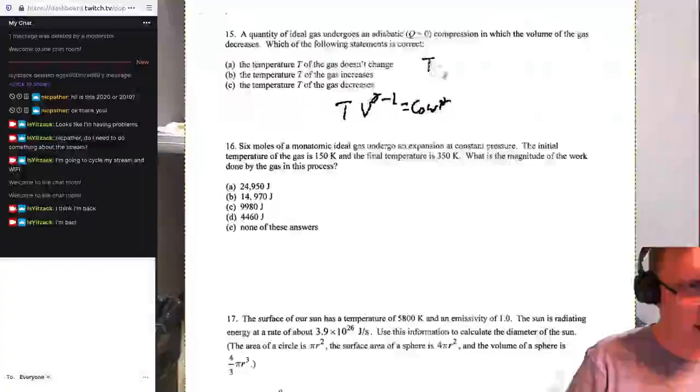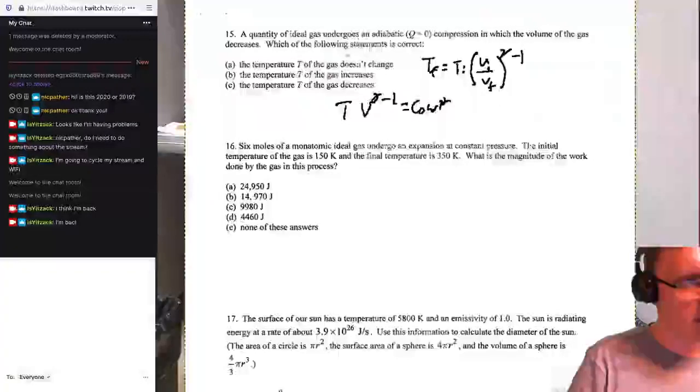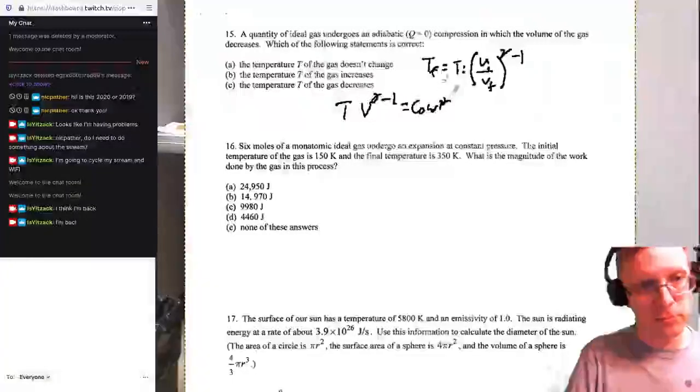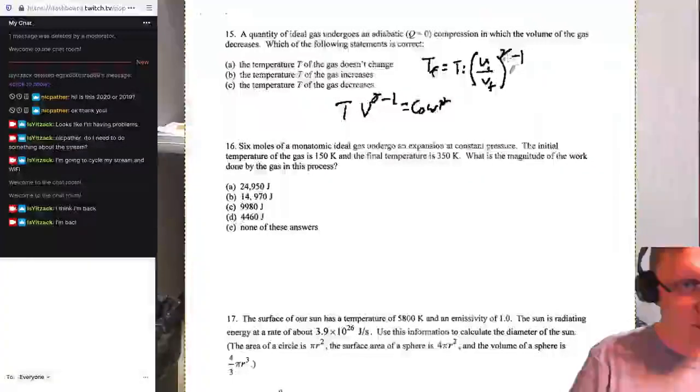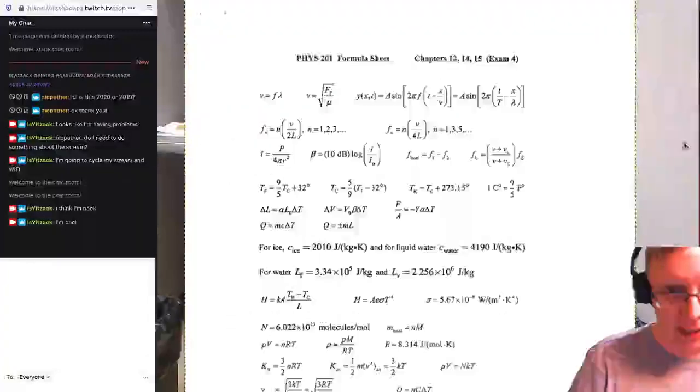So that means that T final is equal to T initial, V initial over V final to the gamma minus 1. We are not told that this is monatomic. So we need to determine if this is positive or negative.